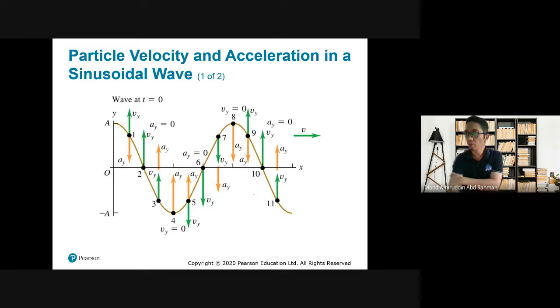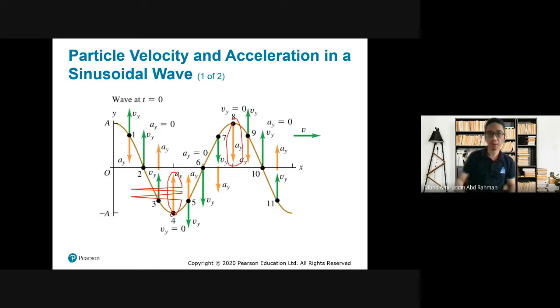Next we have the particle velocity and acceleration in a sinusoidal wave. You can see this is how we have the acceleration and also the velocity. At the top, we have the acceleration moving downwards, and at the bottom we have the acceleration going upwards.